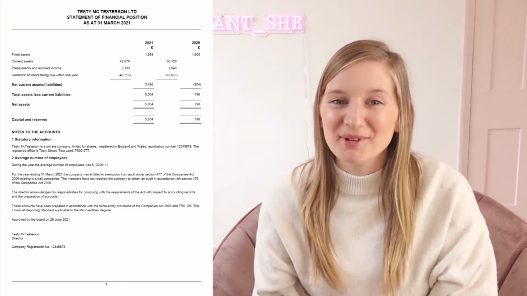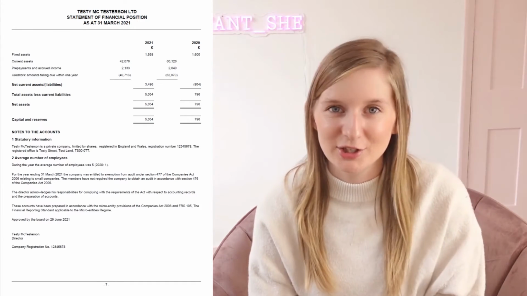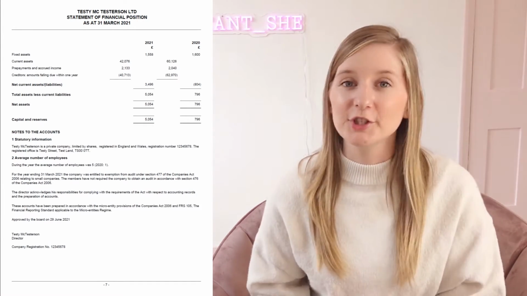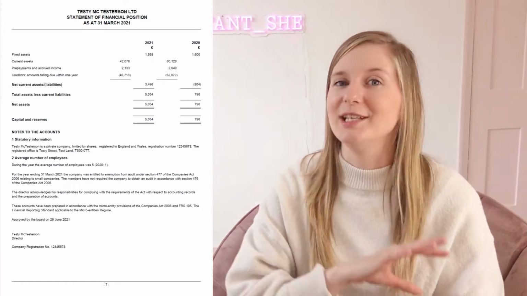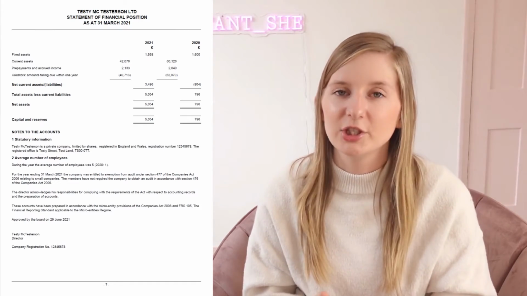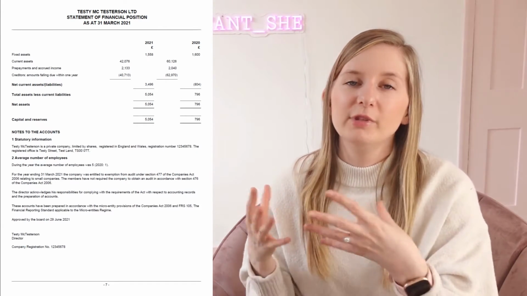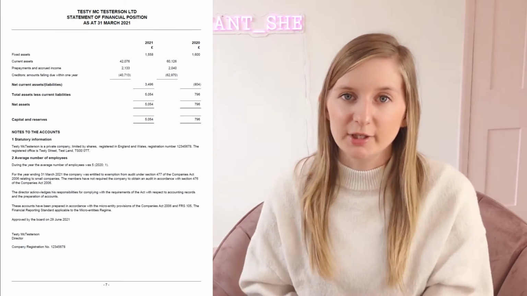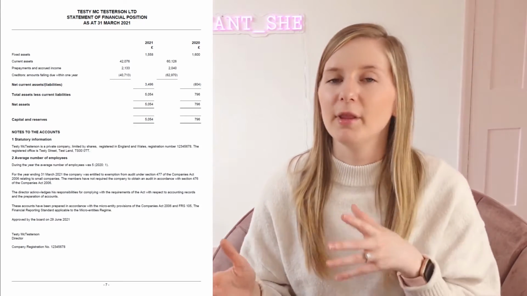So next up, on page 7, we've got the statement of financial position. You might have also heard this referred to as a balance sheet. And if you use accounting software, the balance sheet is this report. So the statement of financial position, or the balance sheet, is different to the profit and loss. The profit and loss report looks at this financial year, the income, the expenditure, and what has happened during that 12-month period.